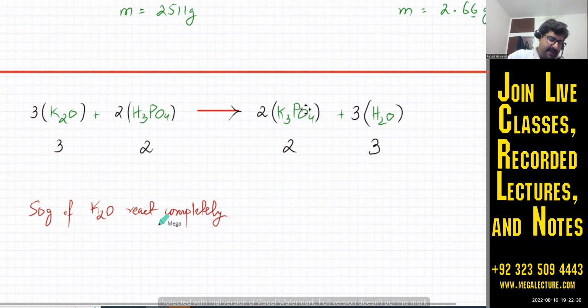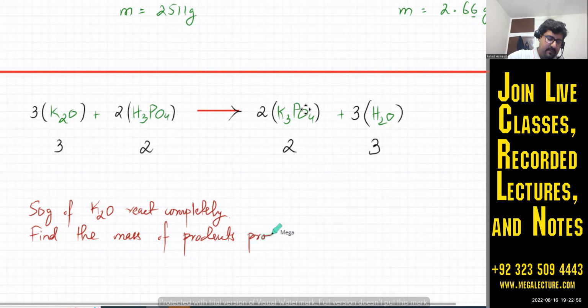He's saying find the mass of the products produced. So the first thing is, what's given over here? It says that you got 50 grams of potassium oxide.